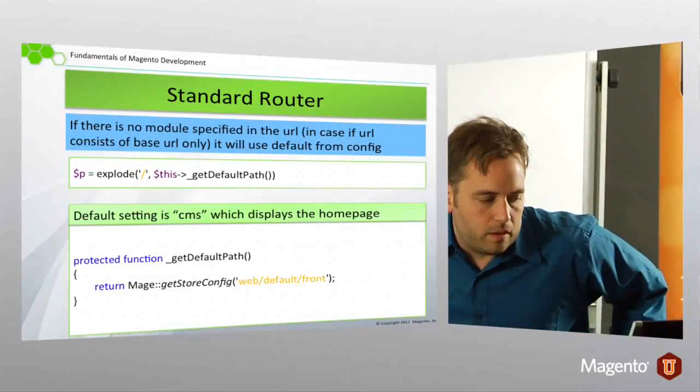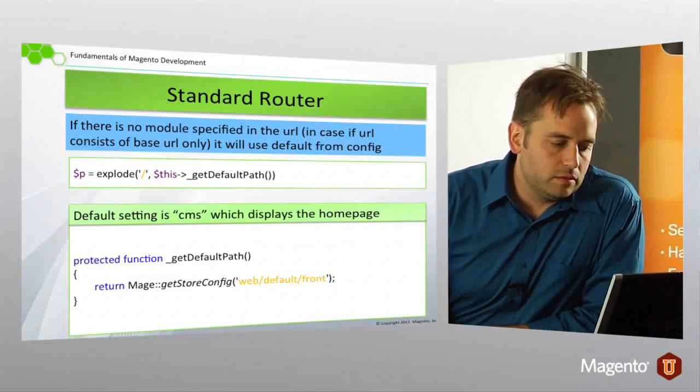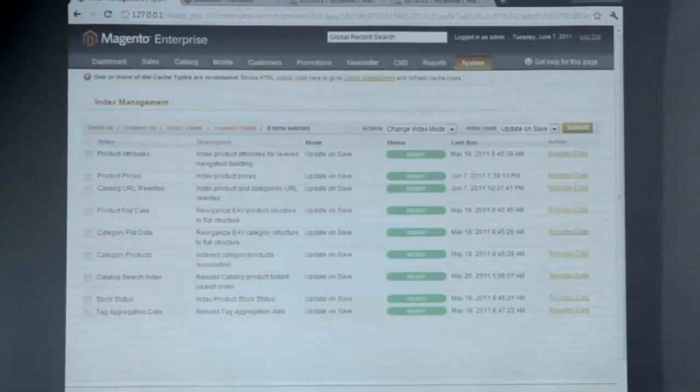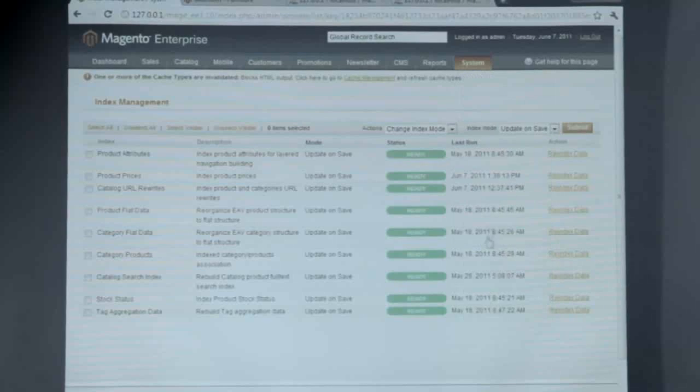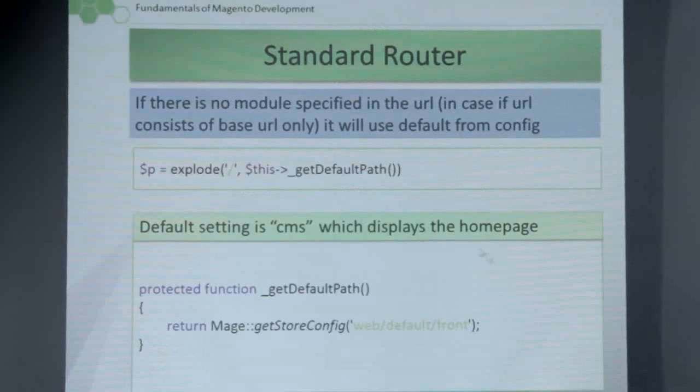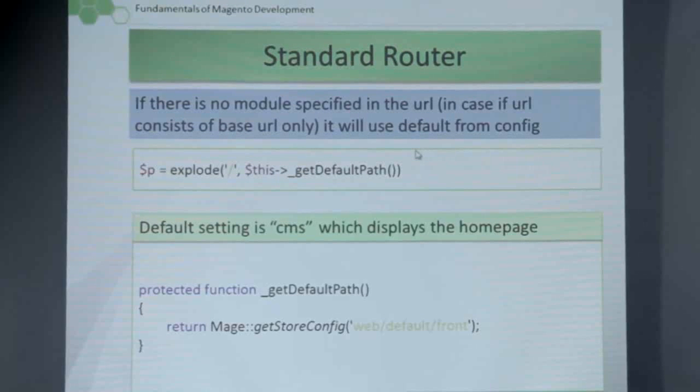So it's possible, however, if you are so inclined. So by default in Magento, let's look at this. This slide here is talking about what happens when we go to site.com, and we haven't specified a front name.